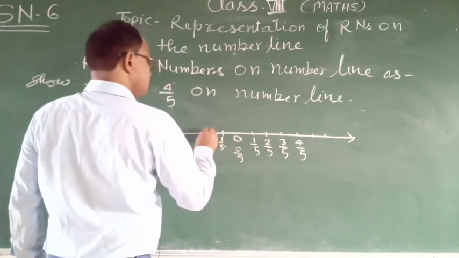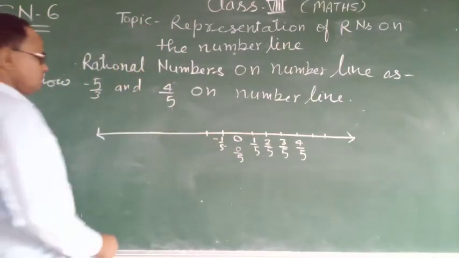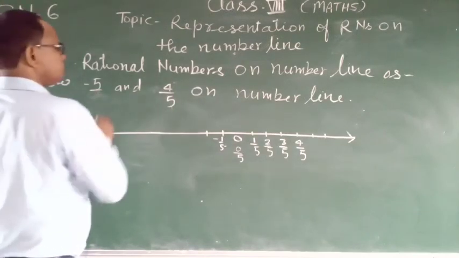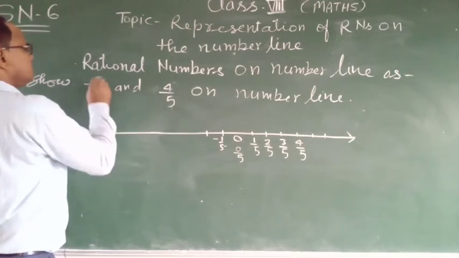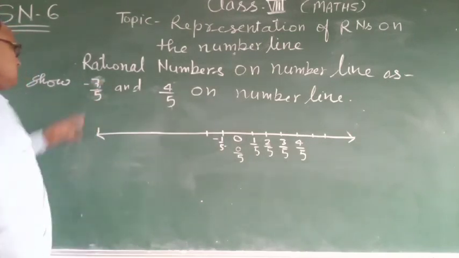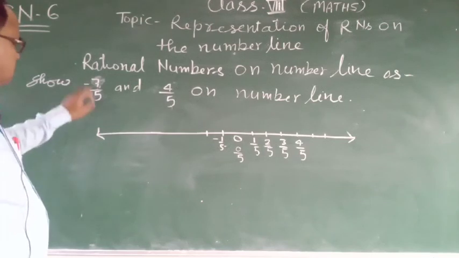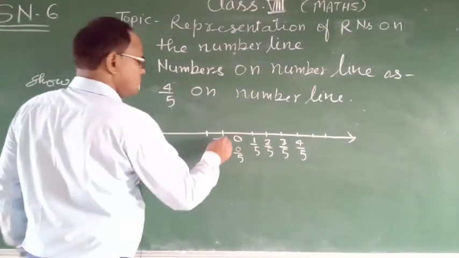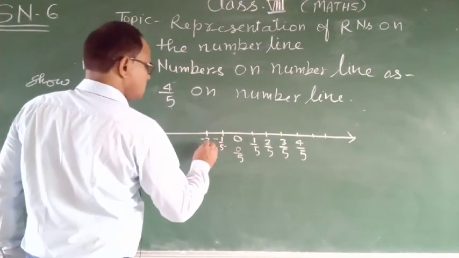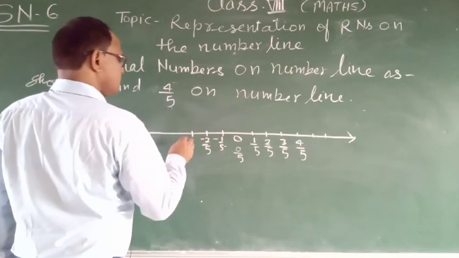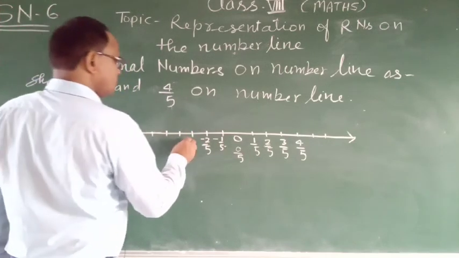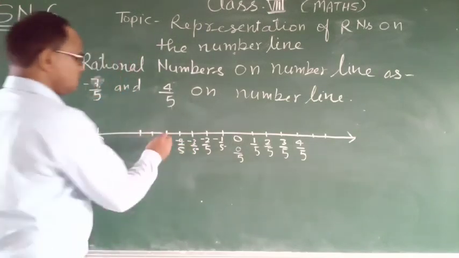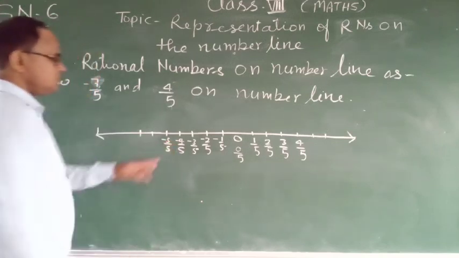In this form we can write here -1/5, so -7/5, 5/5, and so on. So -7/5 and 4/5 on the number line. Here 1/5, 2/5, and on the left -3/5, -4/5, -5/5.